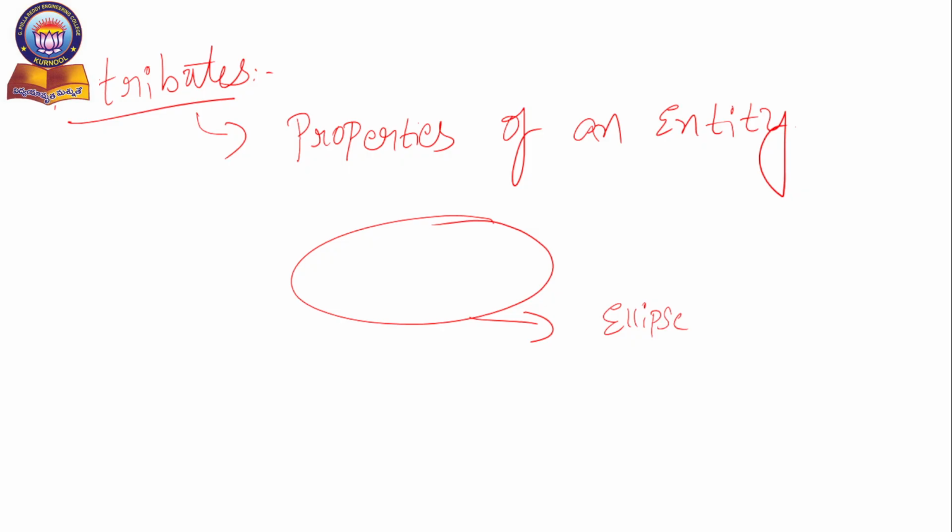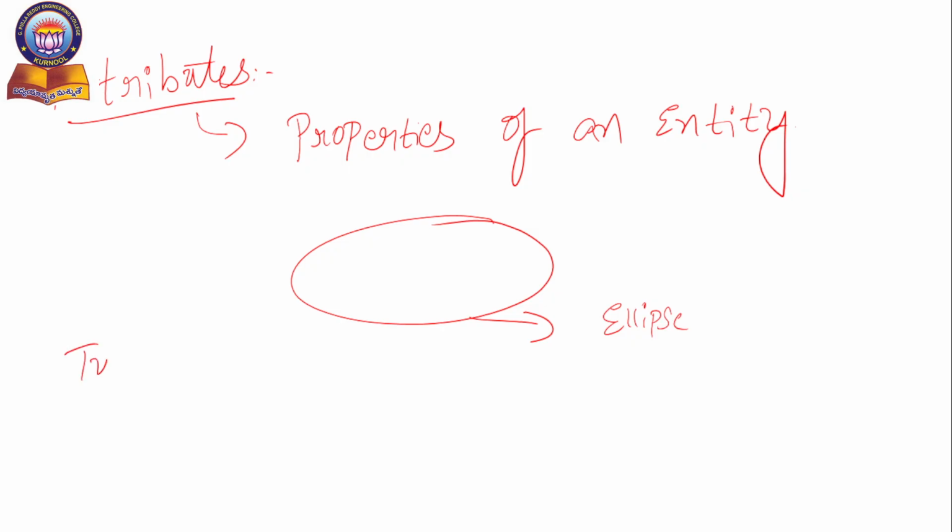Some will ask, for each entity how many attributes are there? Is there any limit? There are no limits. For each and every entity there can be any number of attributes. More number of attributes are possible.